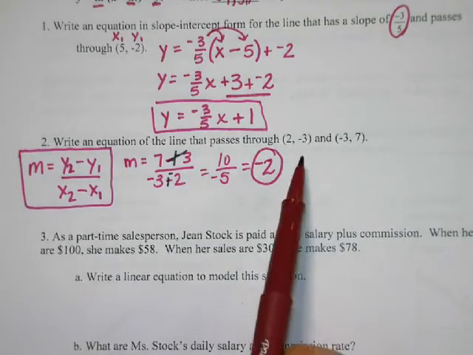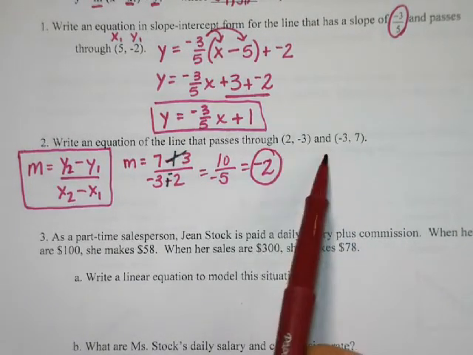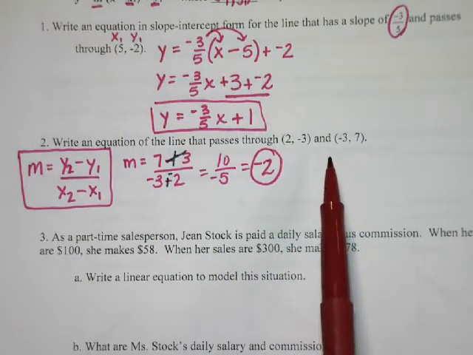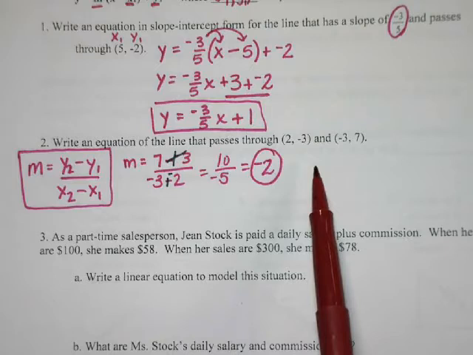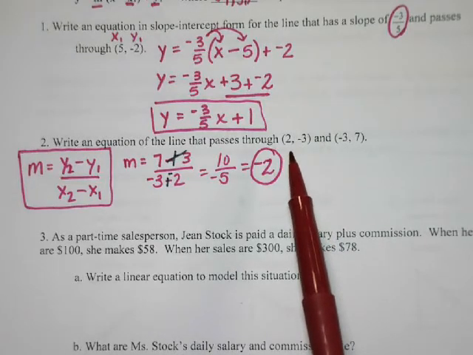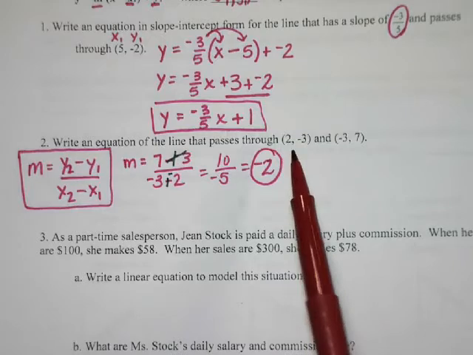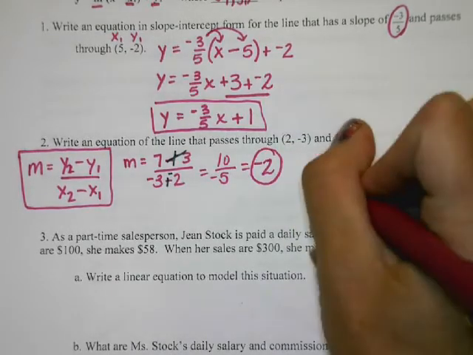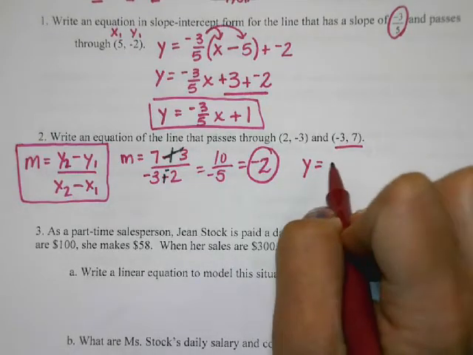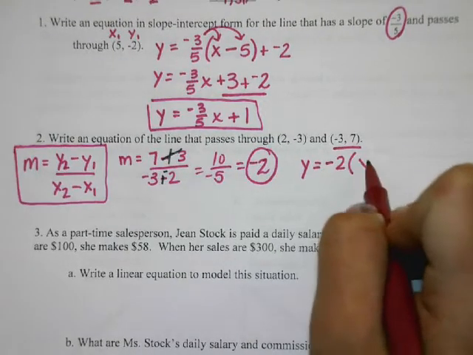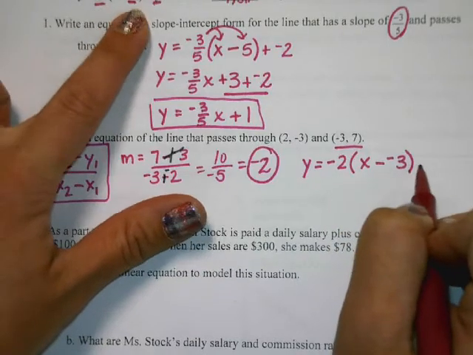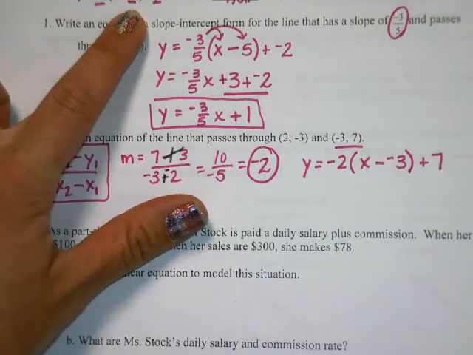My line passes through both of those points. So when you plug it in, it doesn't matter which one you use. You get to pick. Colden, which one do you want to use? Tell me which point you want to use. Minus 3. You want to use this one? You got it. So, y equals, my slope we just determined was negative 2, times x minus a negative 3, plus 7.